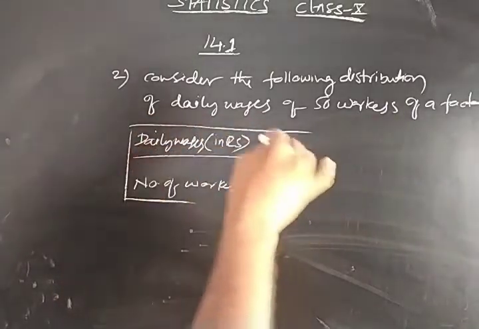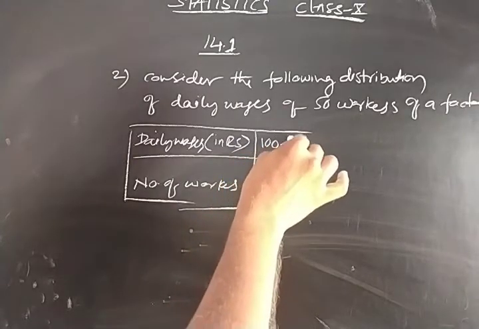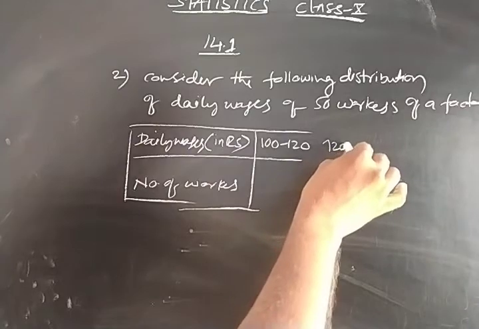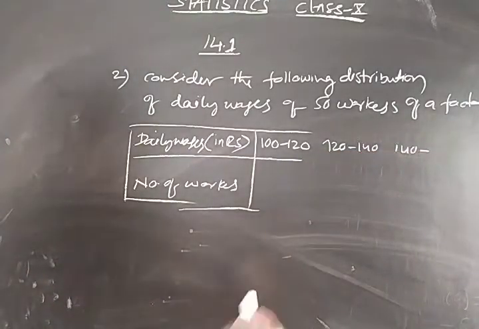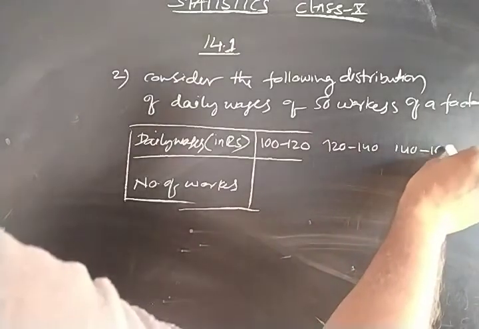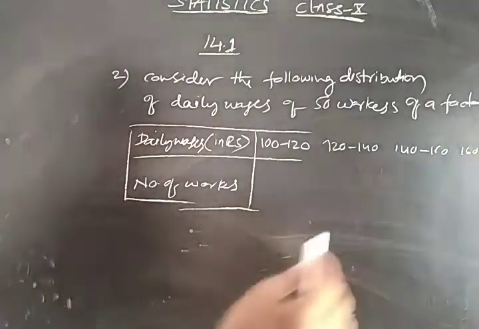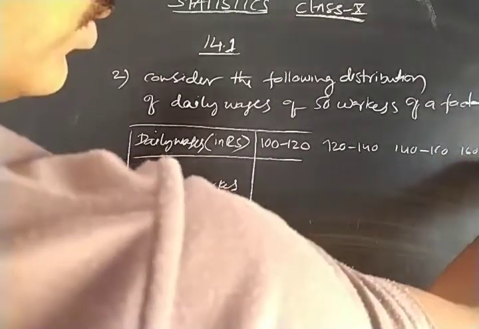So the given table is: daily wages 100 to 120, 120 to 140, 140 to 160, 160 to 180, 180 to 200.